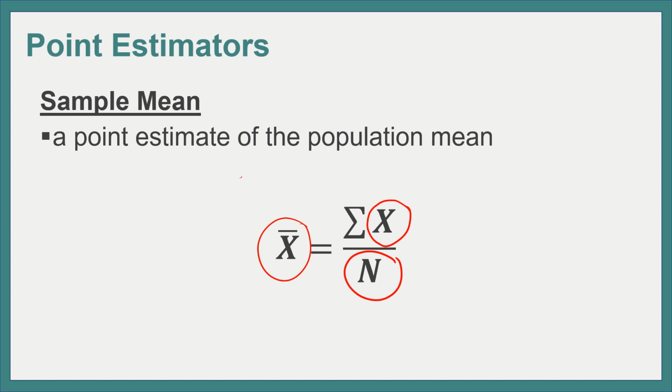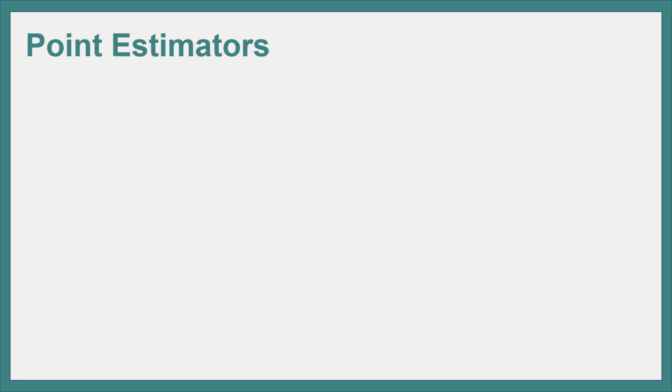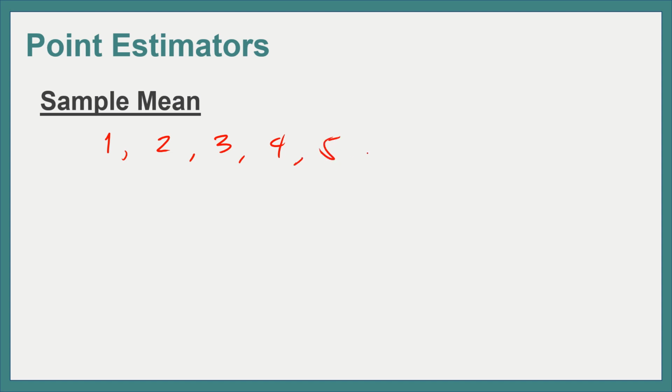So let us have an example. Suppose that we would like to solve for the mean of the following: 1, 2, 3, 4, and then 5. So let's say that these 5 observations are coming from a population. So this is our sample with size 5 because we have 1, 2, 3, 4, 5 observations.